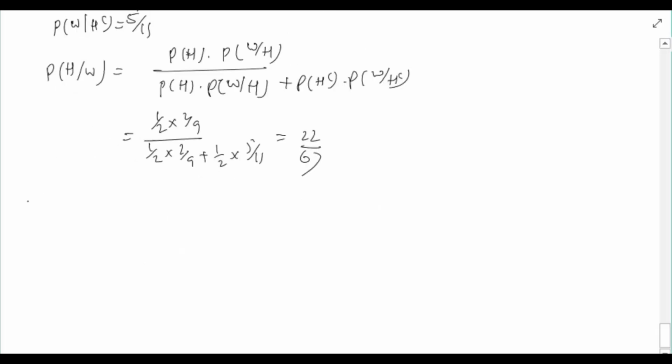Let us now generalize Bayes rule to more than two events. Given an event A and events Bi, i varying from 1 to n, such that the union of these events B1 to Bn is the whole sample space, union of Bi, i equal to 1 to n, is omega.